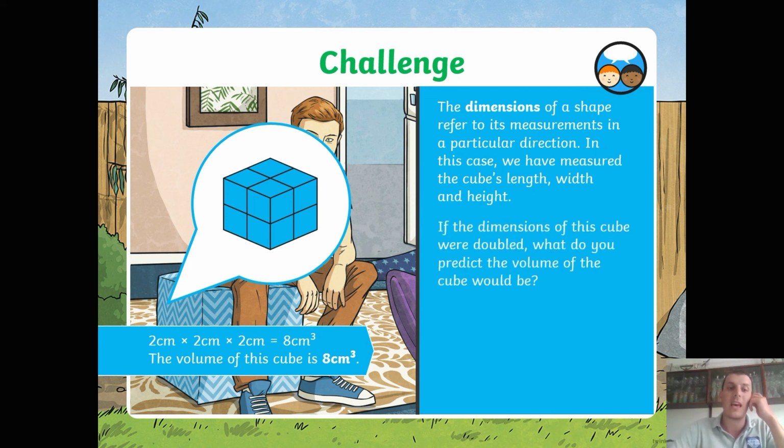Now, if we were to change the dimensions of this cube and double them, what would the volume be? So if we were to double all of these measurements, what would the volume be? Okay, so that is your task. So pause the video, complete the task, and then press play when you are ready to continue.